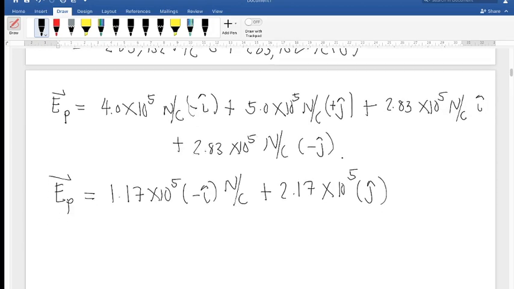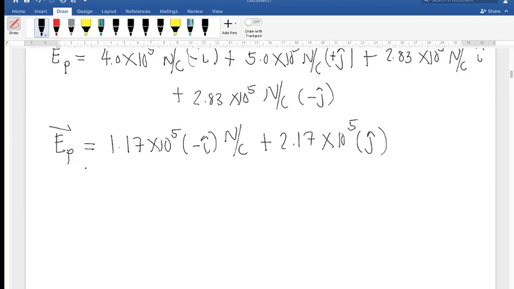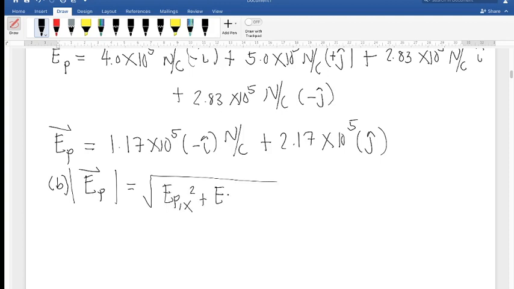Again, next, letter B, we have to find the magnitude and direction. You are given the electric field vector, so simply use our equation. The magnitude, we just have to use this one: the square root of EPX squared plus EPY squared. Your EPX is this, and your EPY is the one in j hat. So how much is that?